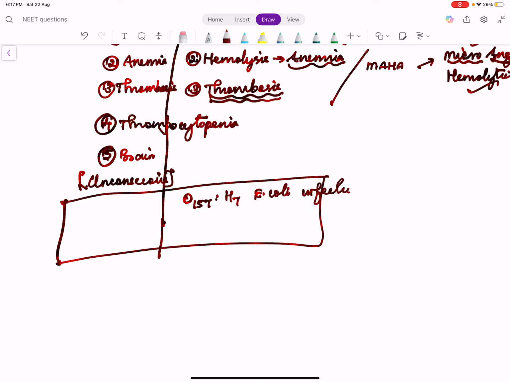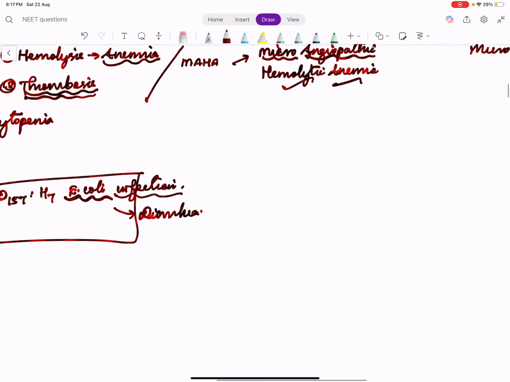It is a type of E. coli infection. This is common in childhood, which can cause diarrhea. So following diarrheal infection, if there is an AKI, following diarrhea, how all can the kidney be affected? One, diarrhea causes hypovolemia. This hypovolemia can cause pre-renal AKI.